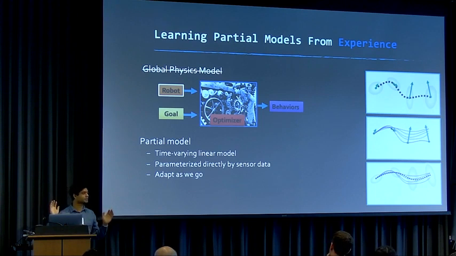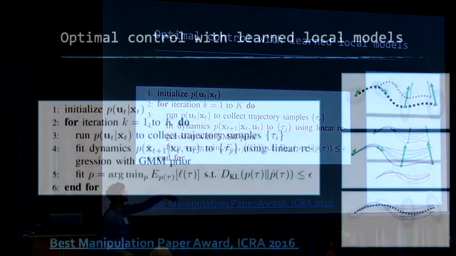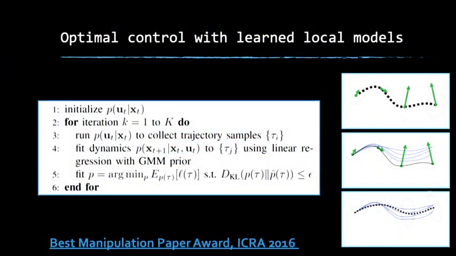And we are going to adapt the model as we go. So very briefly, let's look at the right. If you have a policy on the time-varying model, we are going to query the policy to give us the actions that it wants to take at the moment. We are going to execute those actions on the real system. As we have the actions, we are going to update the model. And we are going to keep doing it over and over.